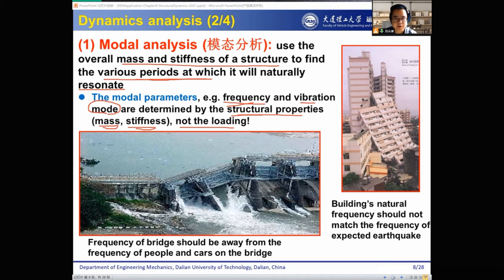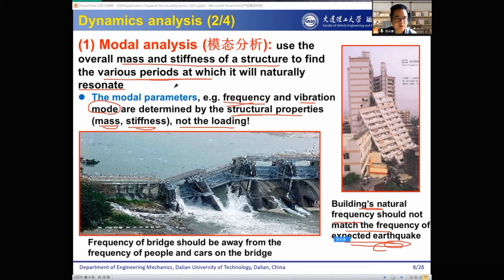So, for example, here we have the building. The building's natural frequency should not match the frequency of the expected earthquake. Therefore, when we design our building, we should not only check the maximum strength, the strength limits. We should work out the natural frequency of the building and make sure it is far away from the earthquake frequency.